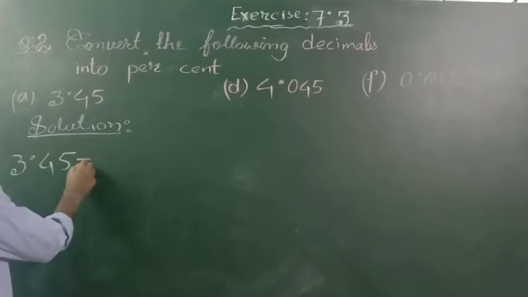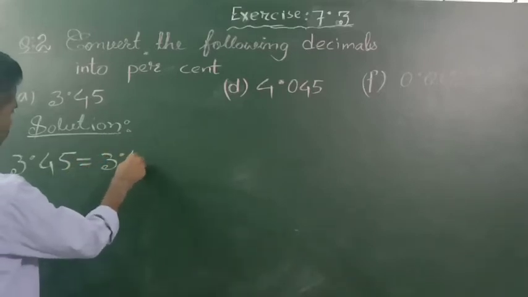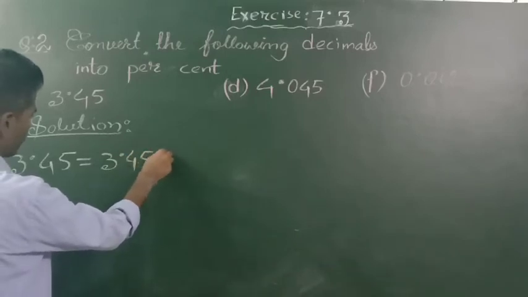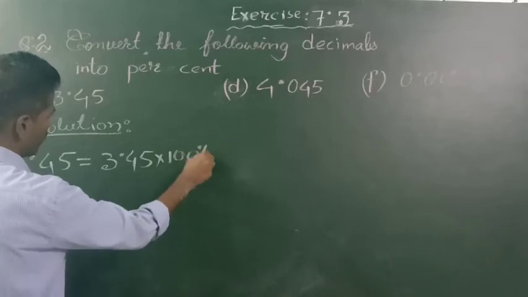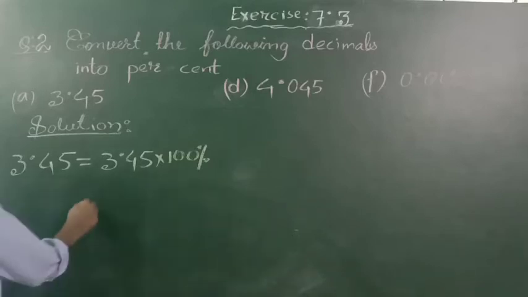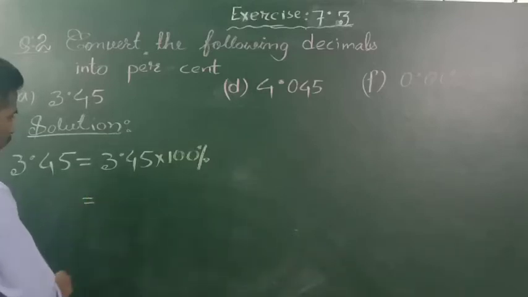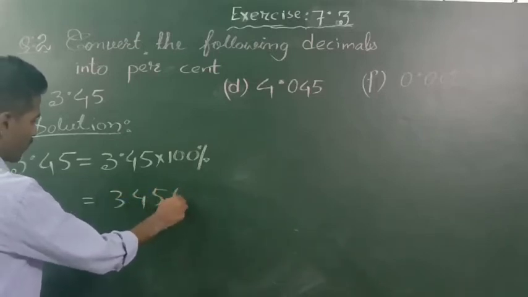So in order to convert into percent, what we have learned is that you just have to multiply by 100%. If you multiply by 100%, whether it's a fraction or a decimal, it will be converted into percent. Now see, 3, 4, 5, 0, 0.